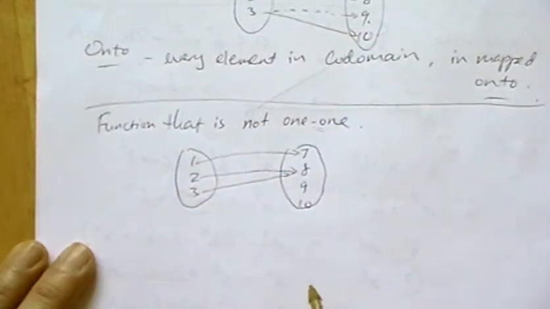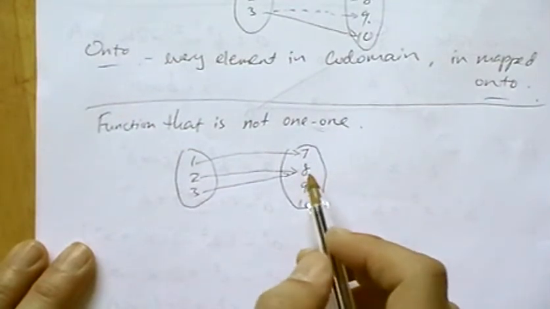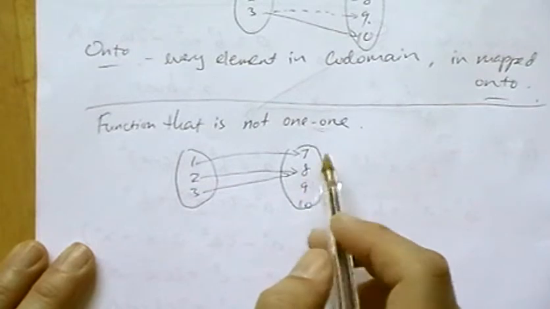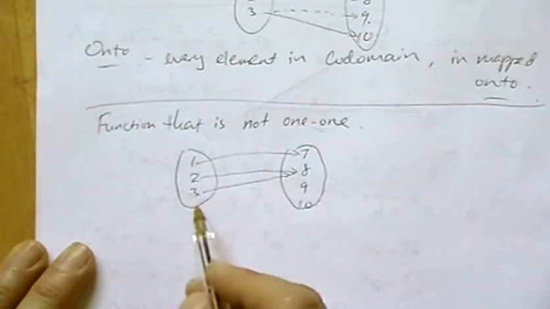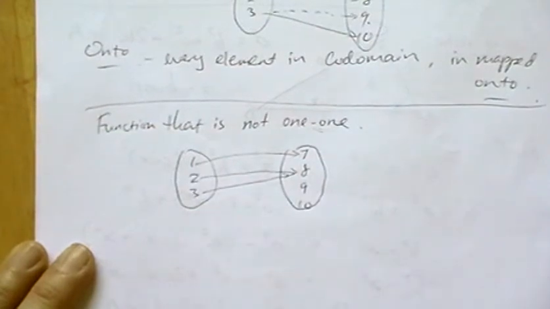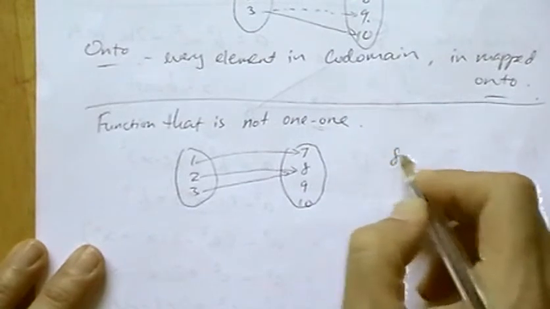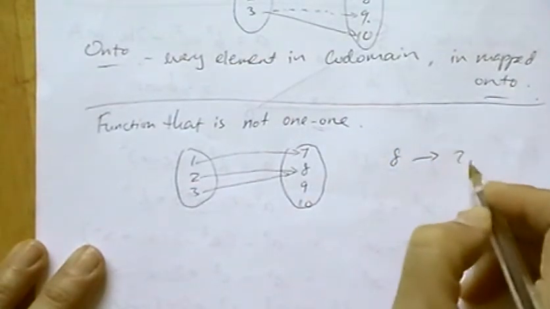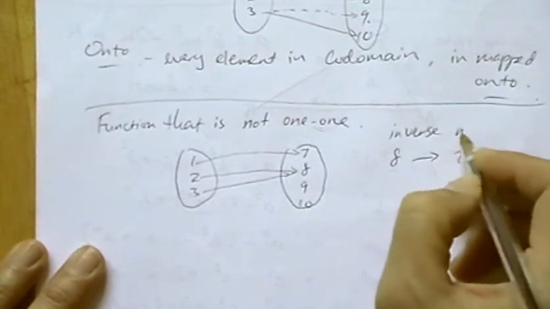That's the inverse mapping. Now, in this inverse mapping, I will have 8 mapping back to 2 and 3. Right? 8 maps back to 2 and 3 in the inverse mapping.